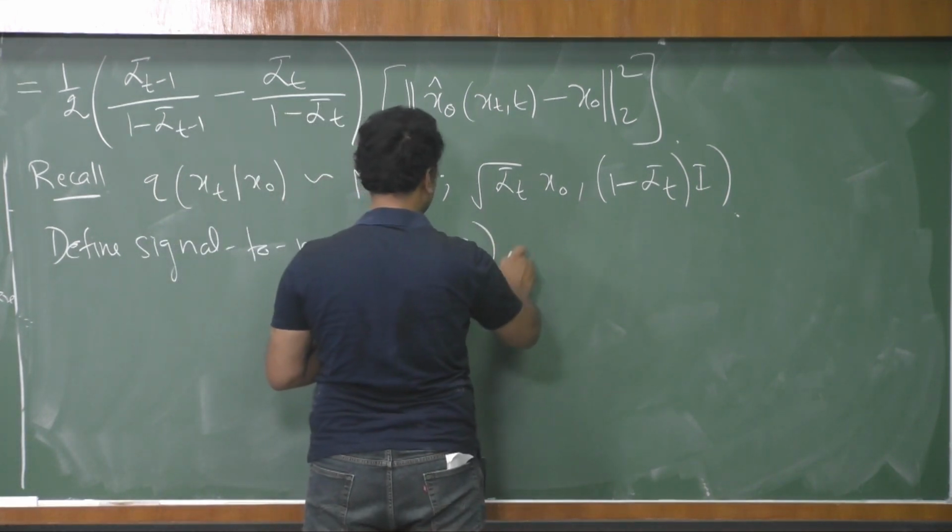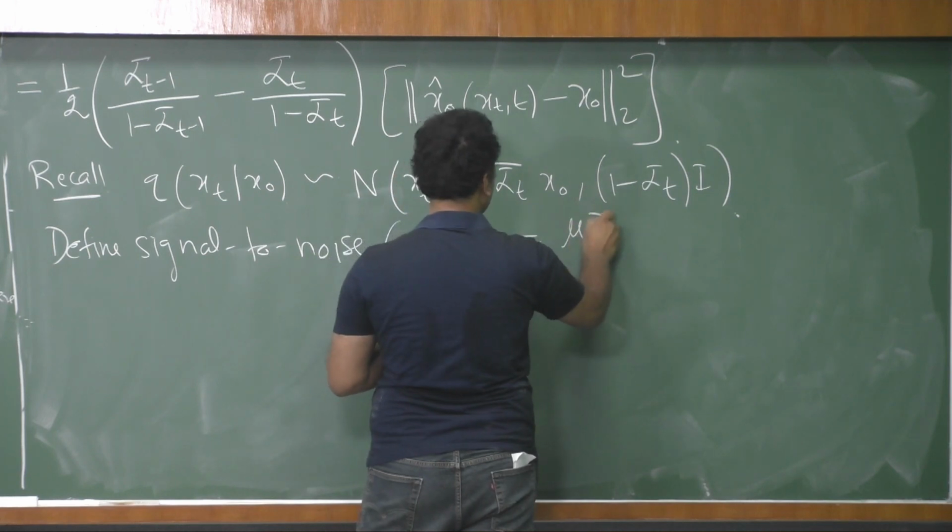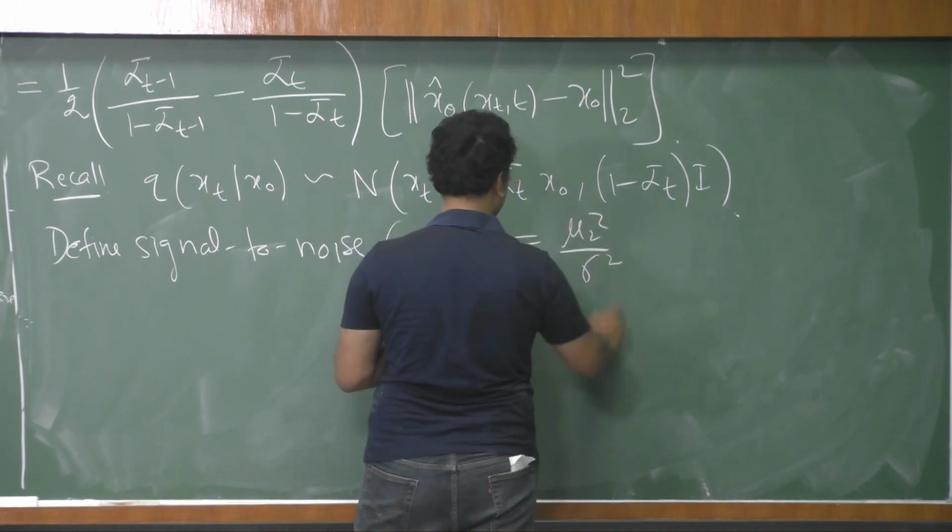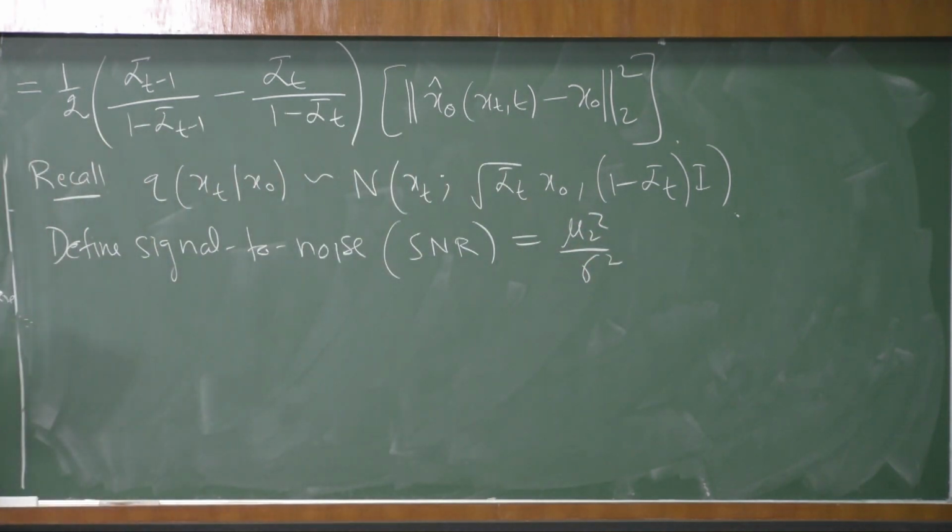This is equal to mu square by sigma squared, the square of the mean divided by the variance. So at each time step we have this signal to noise ratio.